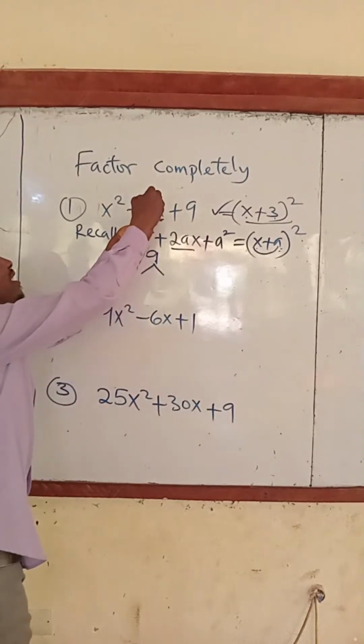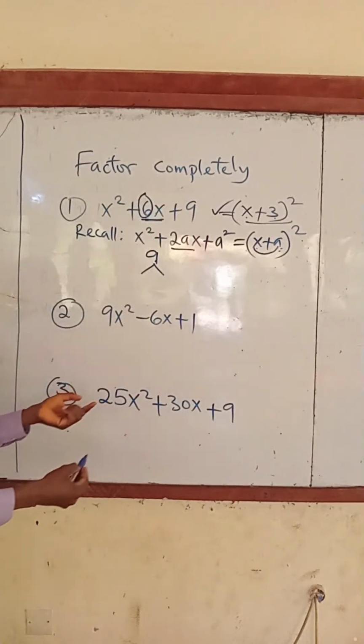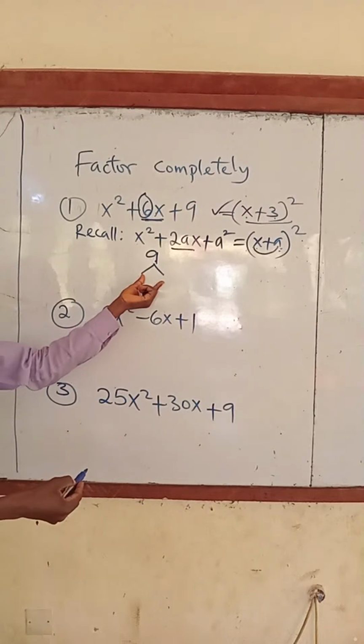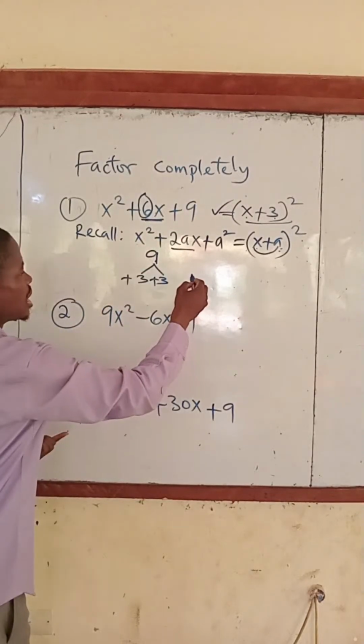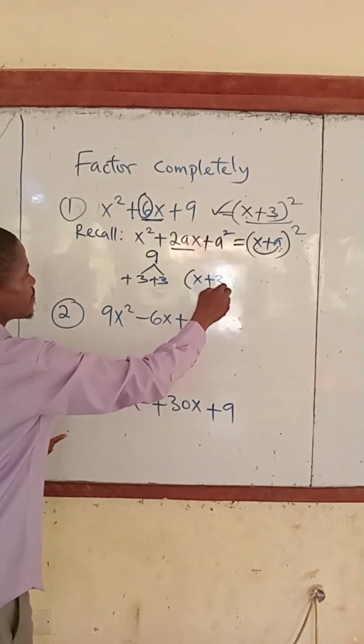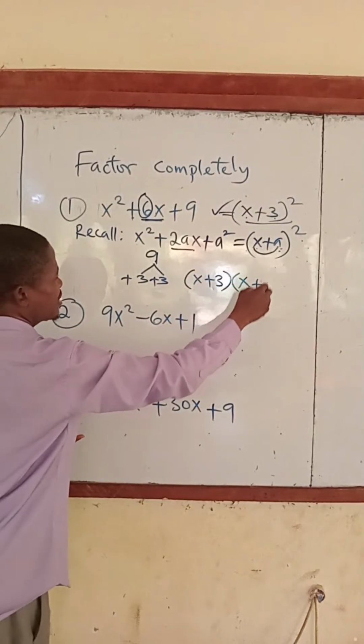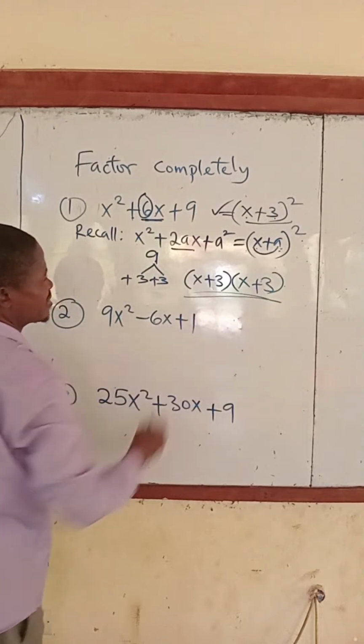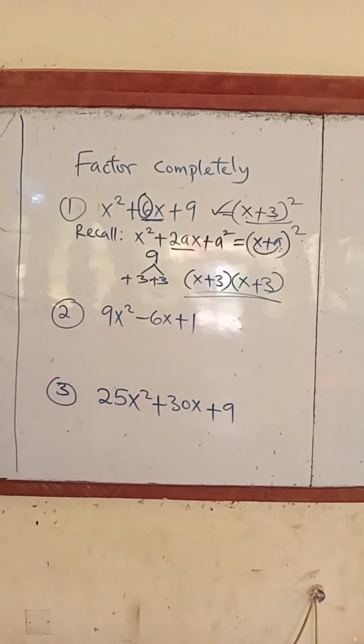It cannot give this middle one. Okay? So factors of 9 is, I'll still explain this one further. So this will be equal to x plus 3 times what? x plus 3. And that's that on that case.